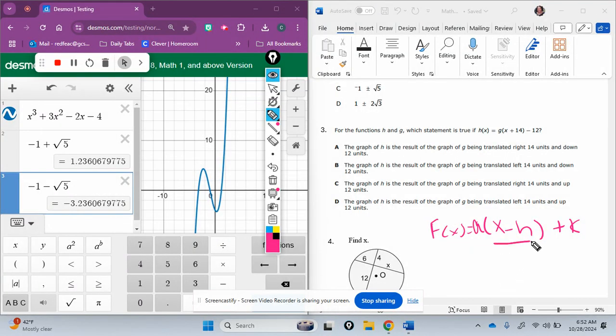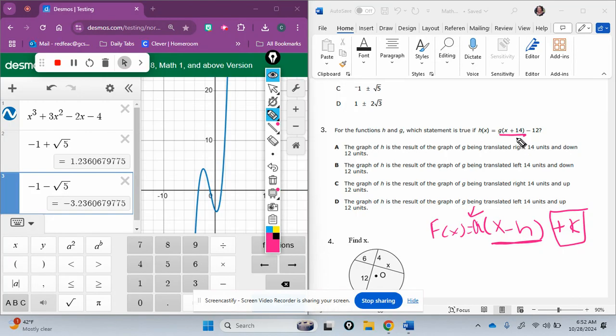Okay, this right here in the middle, the h lets us know if we're going left or right. And then our k lets us know if we go up or down. And the a is our vertical stretch or compress. Okay, so looking at this function right here, we have a plus 14 in the middle.